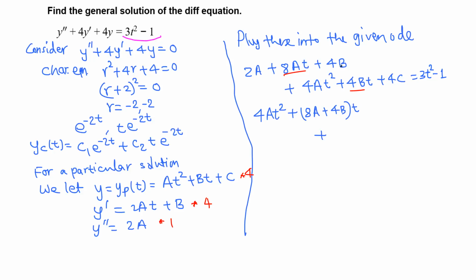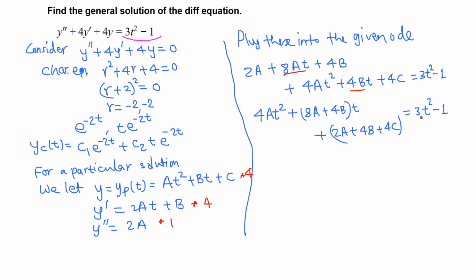Now 2A plus 4B plus 4C, these are constants. This whole thing equals 3t squared minus 1. By the way, the term t is missing here, so this is pretty much 3t squared plus 0t minus 1. Now we are saying this left hand side is equal to right hand side. That means the coefficients of the corresponding terms should be the same.